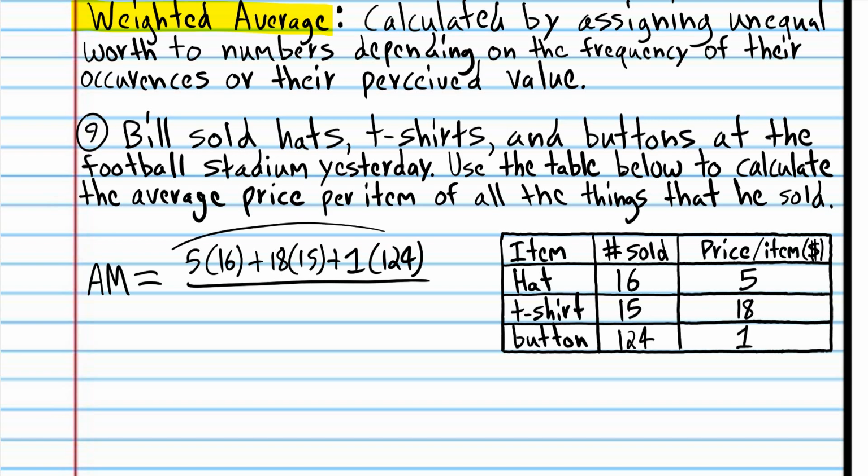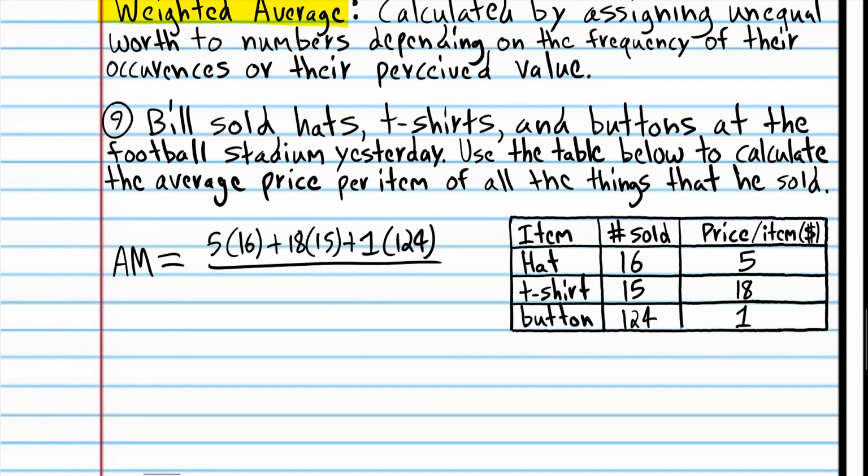So this is the sum of all of the prices, the sum of all the numbers per item. And then we're going to divide by the total number of sales, which is 16 plus 15 plus 124.